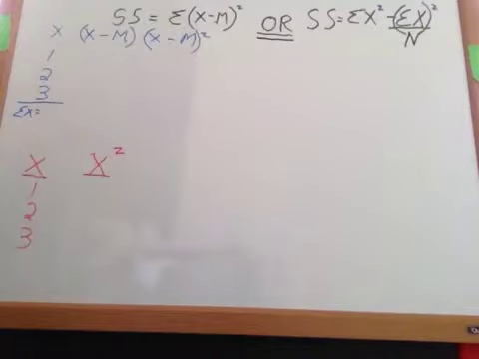So I'm going to show you that formula just so that what we've learned in the book gets reinforced, and then I'm going to show you in red another way of calculating the sum of squared deviations. You'll get the same answer regardless of which way you use.